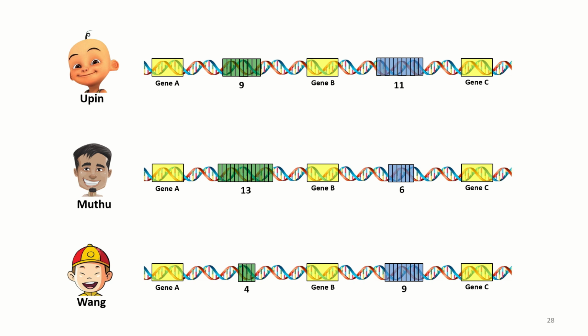Every person has a unique number of DNA repeats. For example, Upin here has 9 repeats, but Mutu has 13, Wang has 4 for the first STR site. And here, this is the second example. Here we have 2 sites of STR. Here we have 11 for Upin, 6 for Mutu, and 9 for Wang.